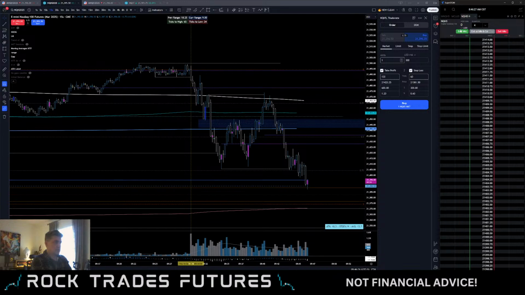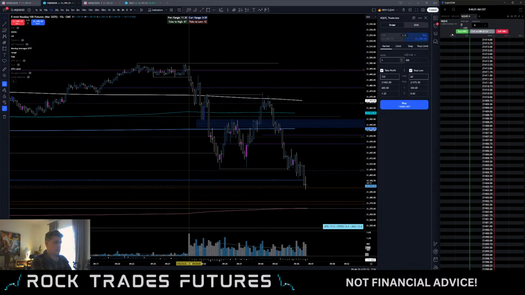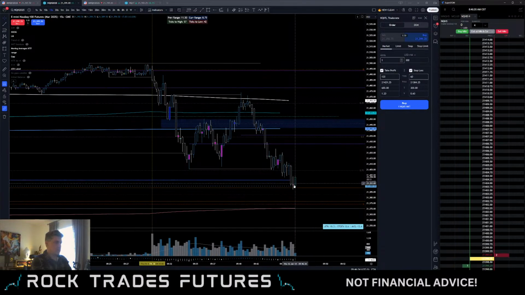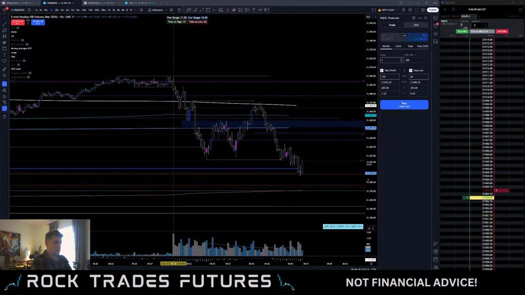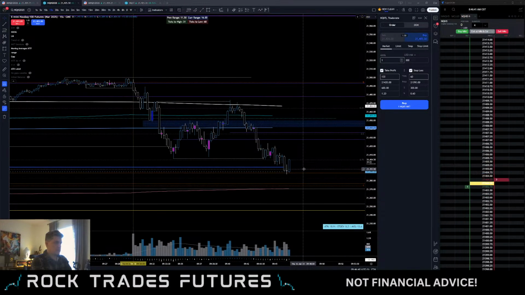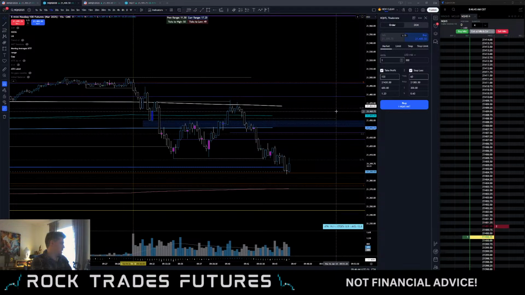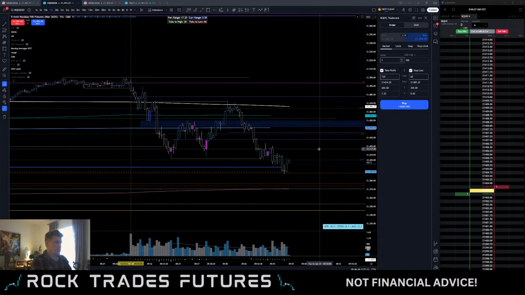That is a trigger. Ooh, I don't like that close though. I waited for the close and it created kind of a doji, which wasn't the best for me. I like the pin bar that's forming on the 1 minute.